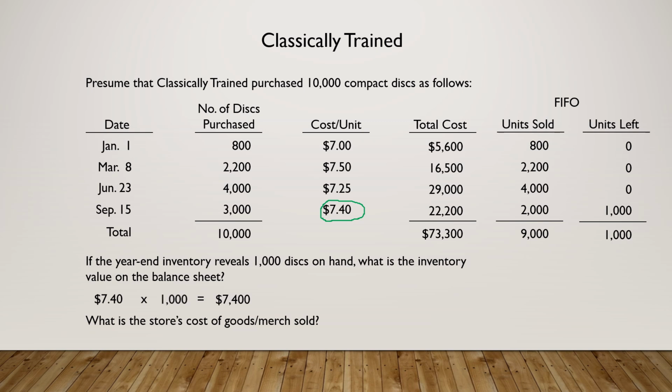As for the cost of what we sold, we take the units sold from each layer and multiply them by their respective costs. Then sum those products together.